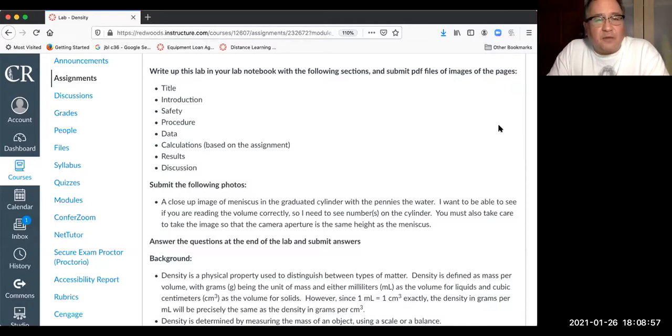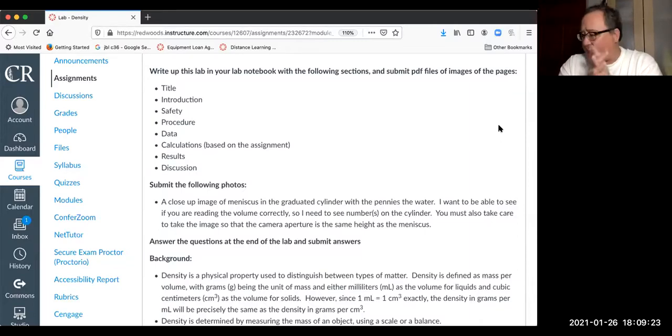You can see that I want you to submit with your lab notebook the following sections: title, intro. I'm not going to read through all of these, but we will talk about all of them in just a moment. Submit the following photo, a close-up image of the meniscus in your graduated cylinder, with just the water in it. Make sure that you have the camera at the correct eye height for the meniscus.